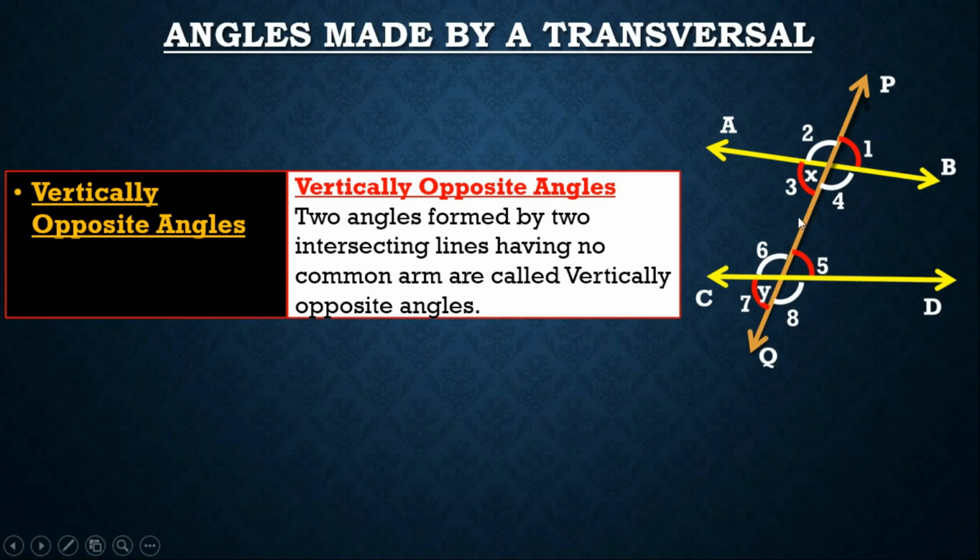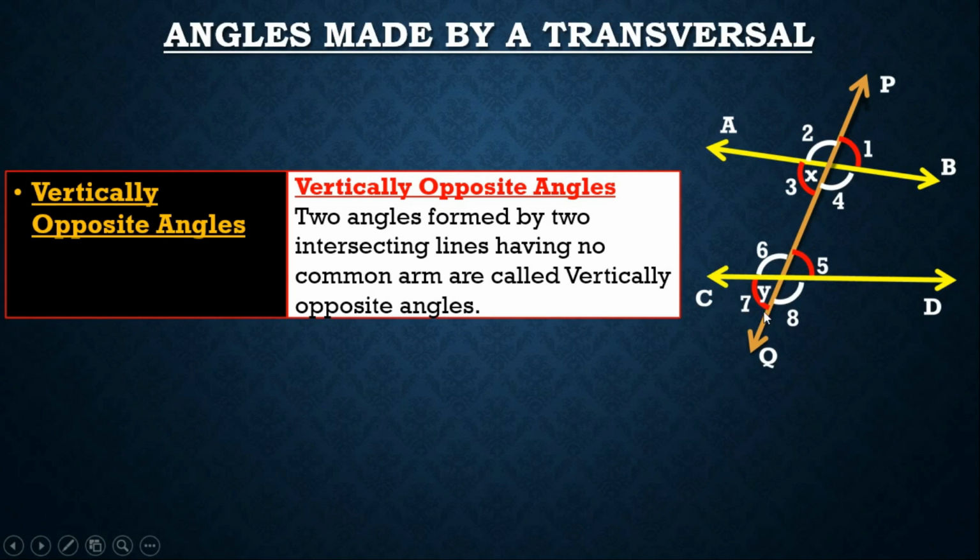In this case, line PQ is intersecting with line CD and forming four different angles. Here angle 6 is vertically opposite to angle 8 and angle 7 is vertically opposite to angle 5. Why?